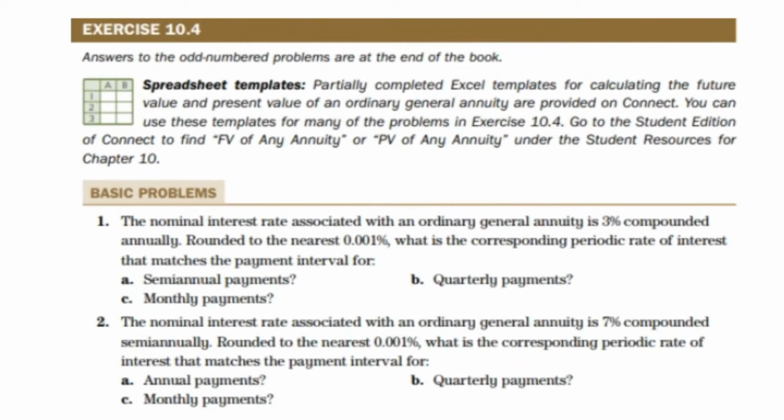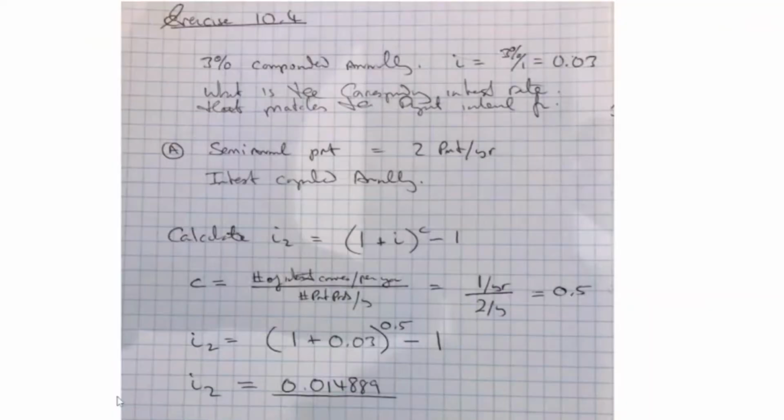So I is 3% because it's compounded annually, 3 divided by 1. But for I2, because the semi-annual payment is different than the annual, we need to calculate the value of I2, which is 1 plus I to the C, minus 1.